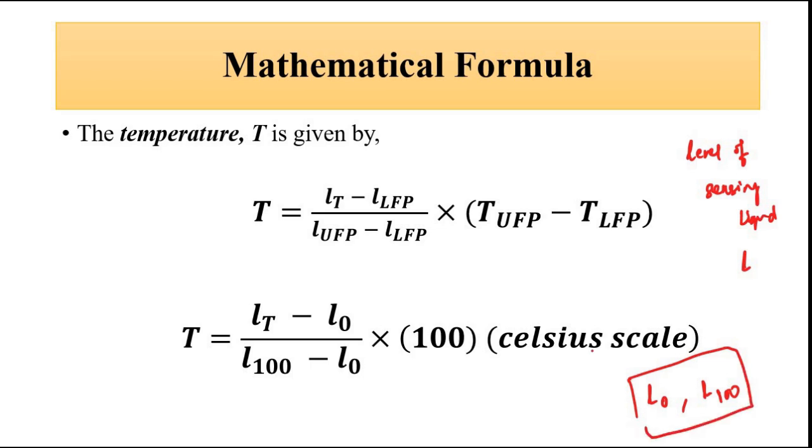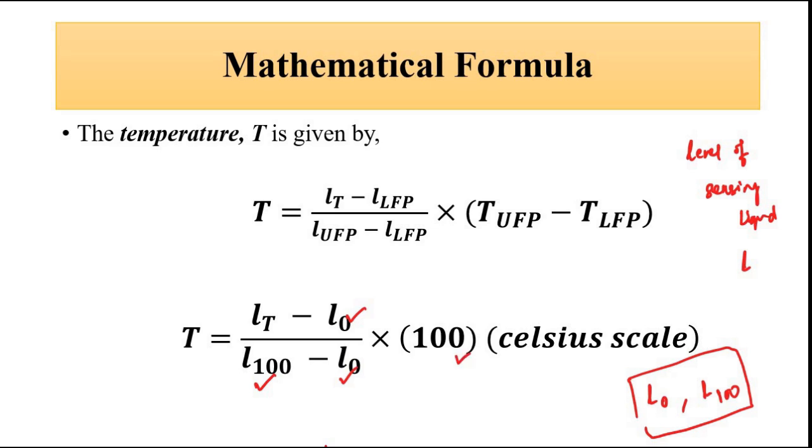Then we use this formula to calibrate or to design the thermometers to give us the temperature reading as per this relationship. This is known, this is known, this is known, and this is also known.